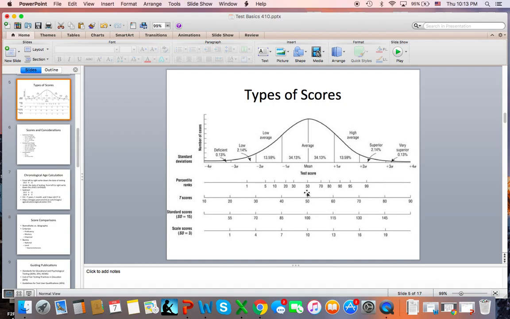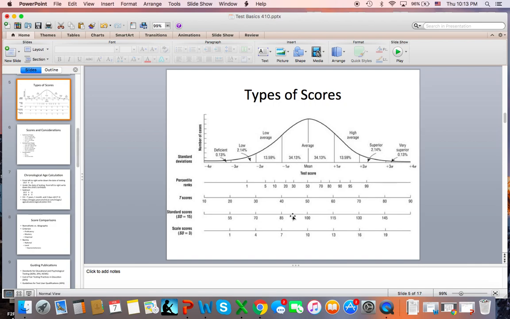And just in case you're not aware of how to interpret a percentile, let's say a student's score falls at the 20th percentile. How you would interpret that is you would say this student's score fell at the 20th percentile, which means that his or her score is equal to or higher than 20% of the population that took that assessment.